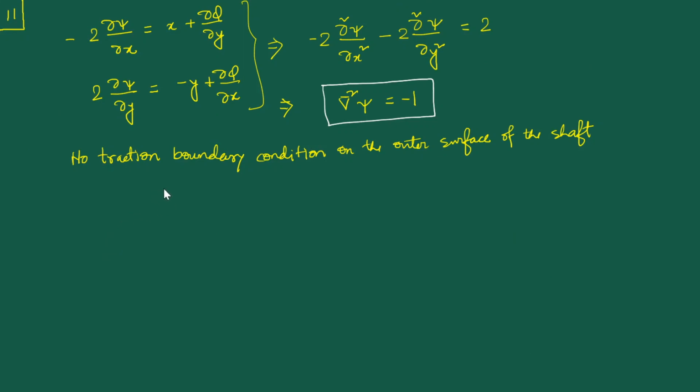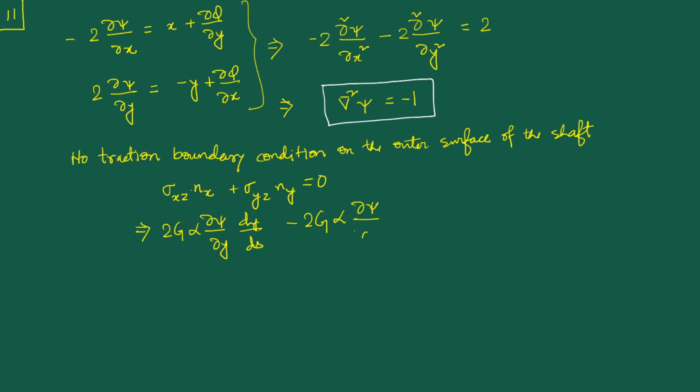So that will be given by sigma xz nx plus sigma yz ny equal to 0, and in terms of the Prandtl stress function, that is going to give me twice g alpha del psi del y, and let us not forget that this nx is nothing but dy ds, and this sigma yz is minus twice g alpha del psi del x, and this ny is minus dx ds.